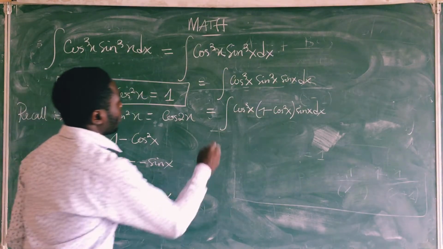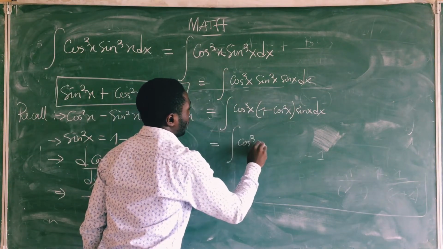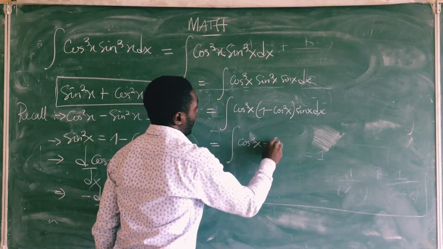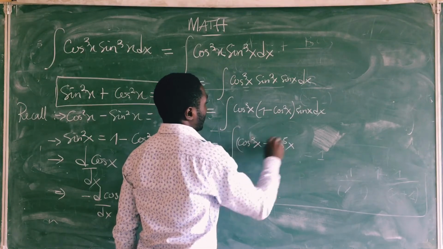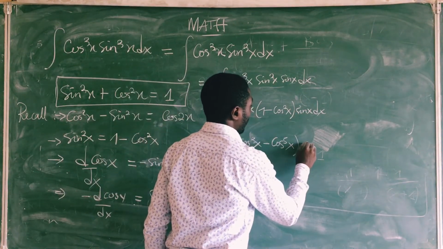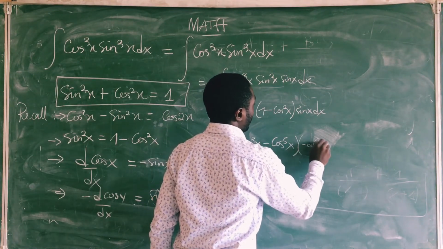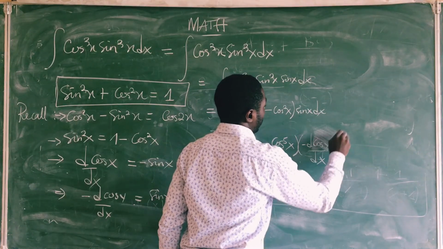So here, in the integral of cos cube x, I can expand the bracket, so I'm going to have cos cube x minus cos to the 5x. Now in the place of sine x, I can replace it with negative d cos x over dx times dx.